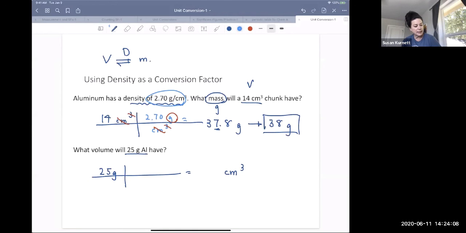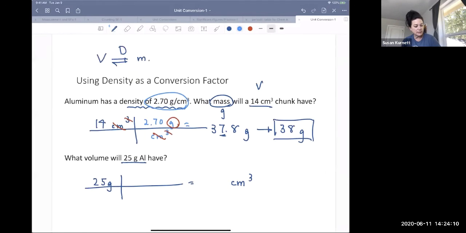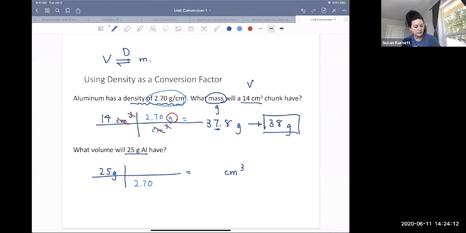So now I'm plugging density in upside down. So it's the same ratio, it's just flipped. We say we're using the reciprocal. Why? So the units cancel. Two sig figs, 3 sig figs. My answer should have 2. 9.3 cubic centimeters.